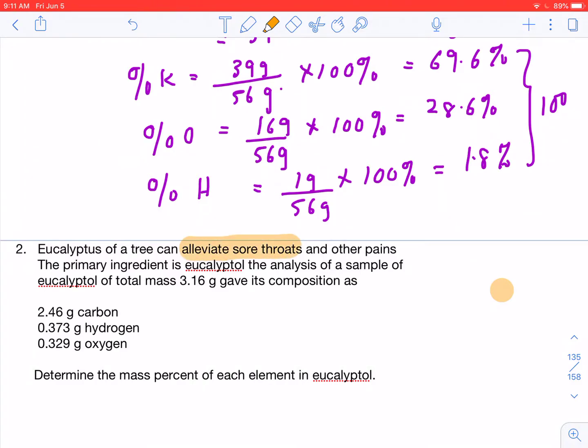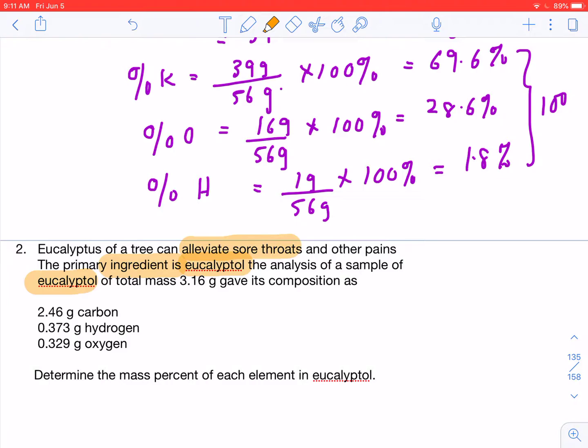It has menthol in it. A lot of chemistry discoveries are because of natural plants that were used for medicinal purposes and things like that. But the primary ingredient of eucalyptus is eucalyptol.